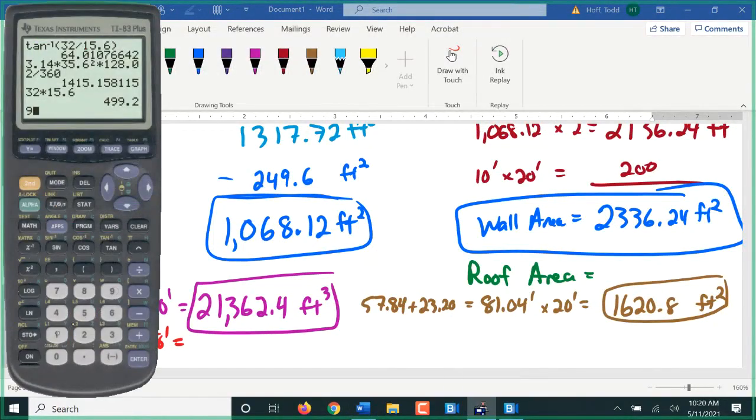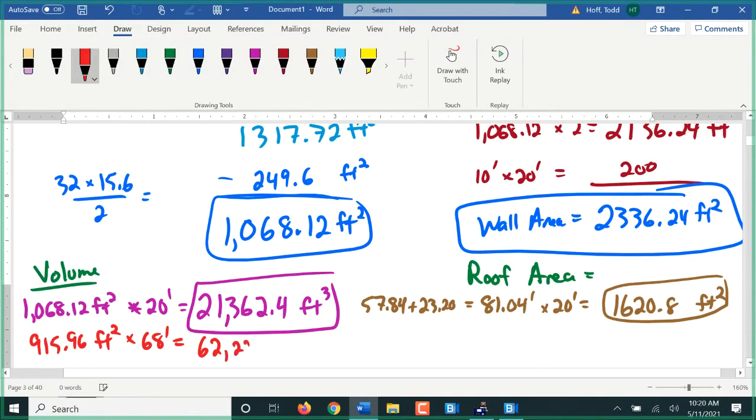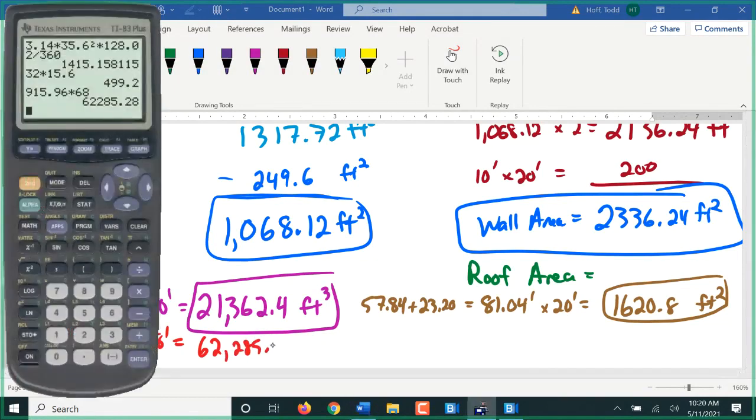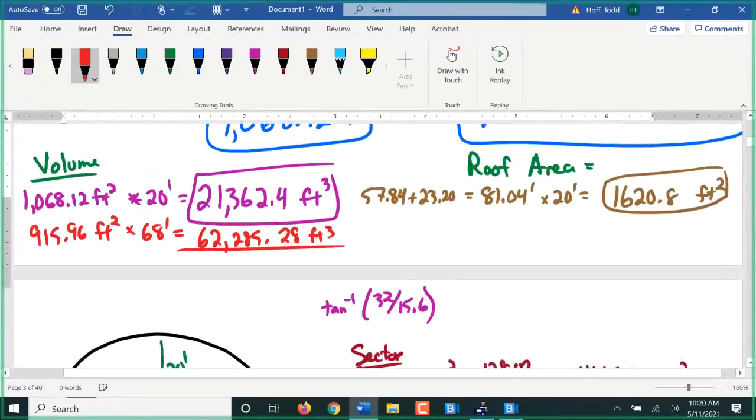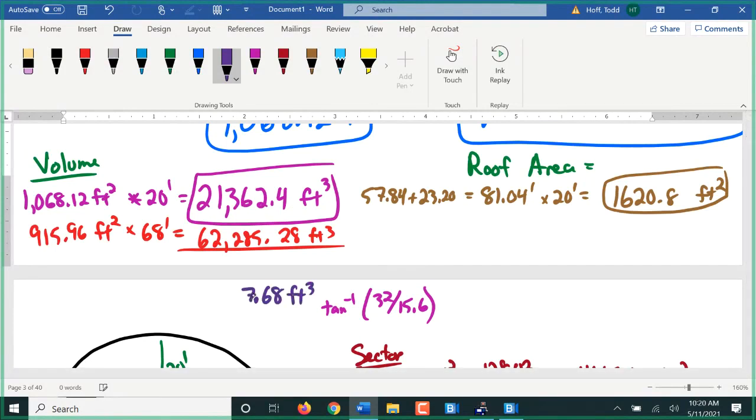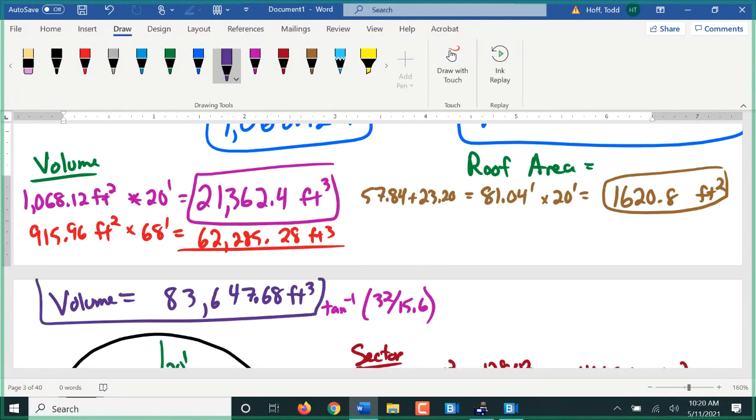The 915.96 times 68 gives us 62,285.28 cubic feet. So we add that up to get a total volume. 83,647.68 cubic feet is the volume.